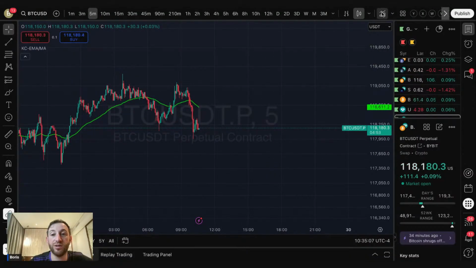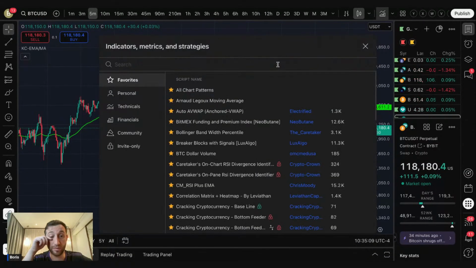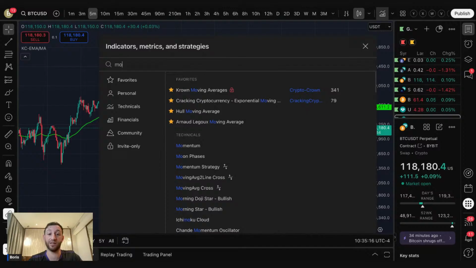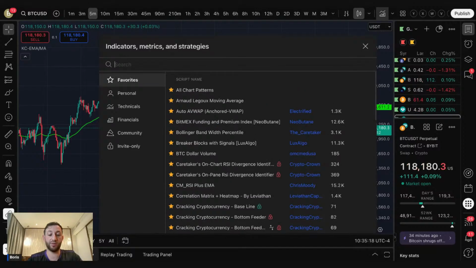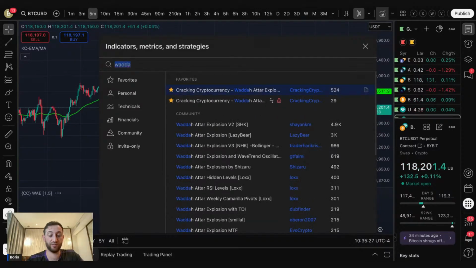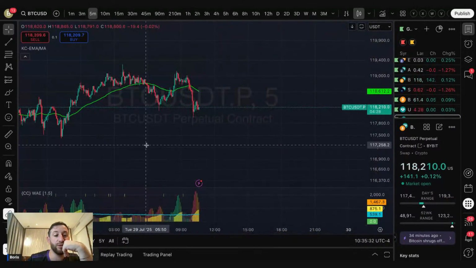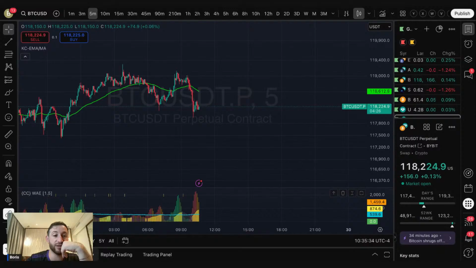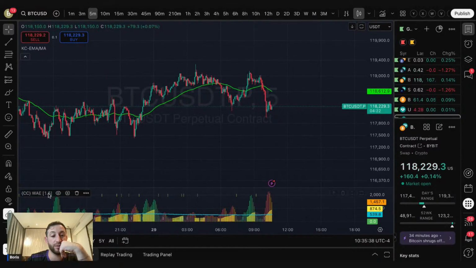Now, what I want to show you guys is how you can combine this kind of strategy with a momentum indicator to give you confirmation, right? So what I'm going to do is put in, what's it called? Oh yeah, the Waddah Attar Explosion indicator. There are certain settings you need to use for this, but let me figure it out.